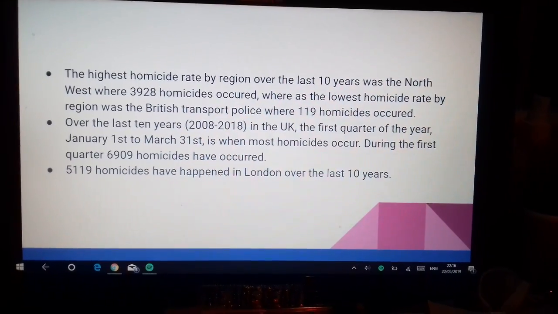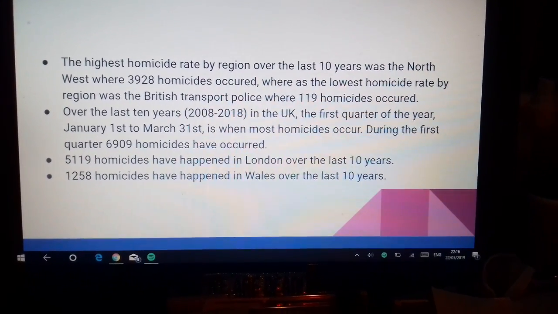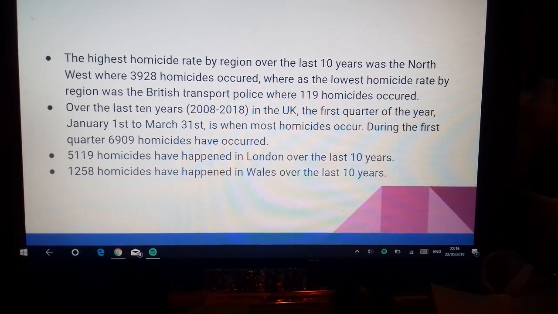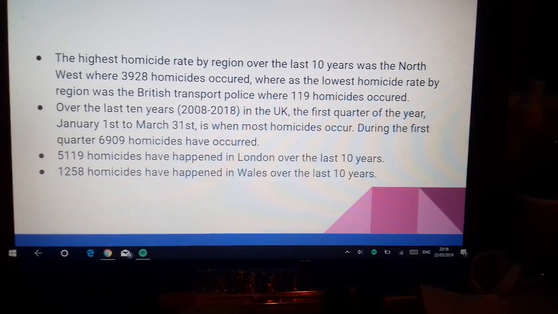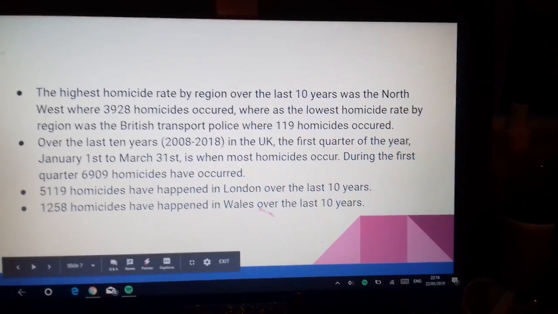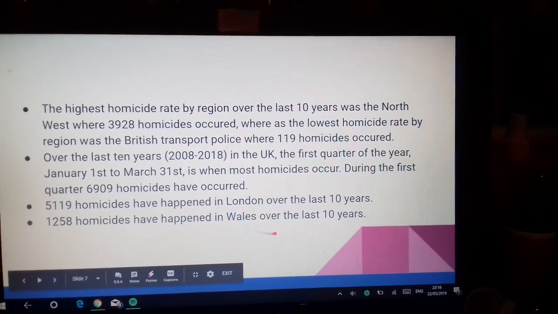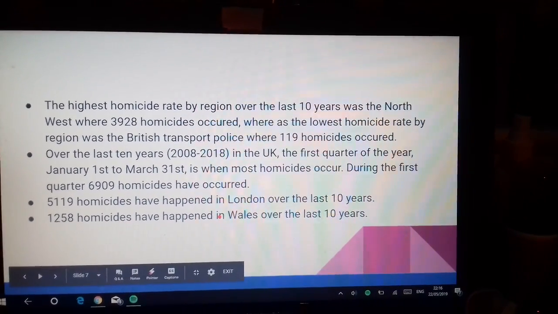5,190 homicides have occurred in London over the last 10 years. Whereas in Wales, 1,258 homicides have occurred in Wales over the last 10 years. This has statistically led to Wales being more likely for you to be murdered in than London due to population density.